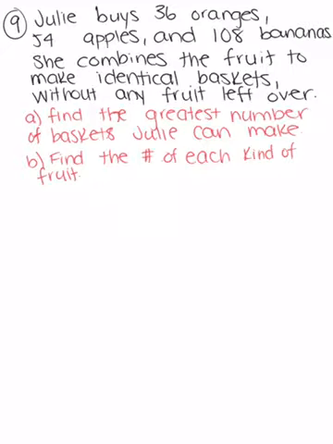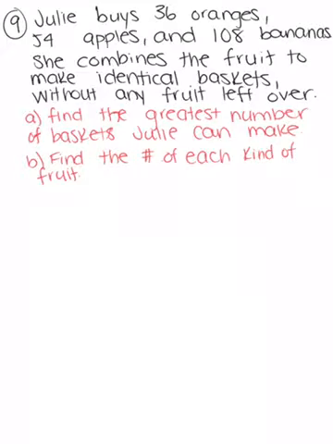How in the world am I supposed to figure that out? Well, we need to think. So far in this unit, everything that we've learned about has been about number lines, and about finding factors or multiples. And I know that we've been finding the greatest common factor or the least common multiple.